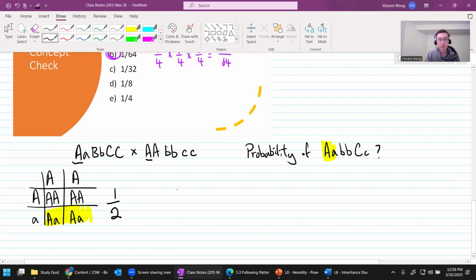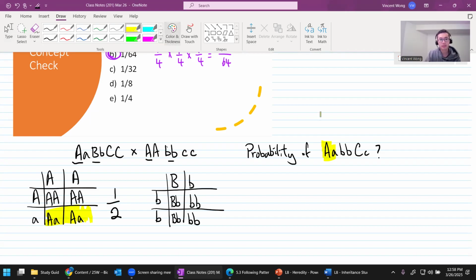Okay, then we're going to do the B's. B's are these ones, which is big B, and then small b. If we go ahead and fill in the Punnett square, what is the probability of getting small b, small b? 1/2. 1/2 again.